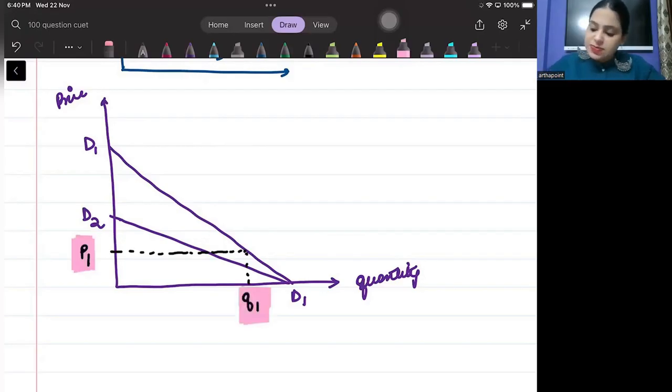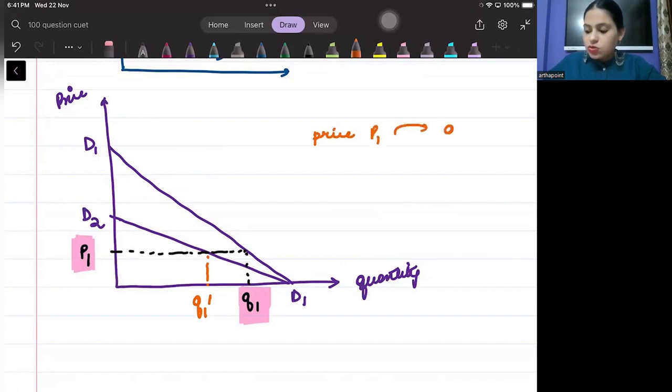Now at the same price P1, how much quantity is being demanded? Q1 dash, because I have to move according to the new demand curve. So earlier when price was P1, quantity used to be Q1. Now when price is P1, quantity has reduced to Q1 dash.